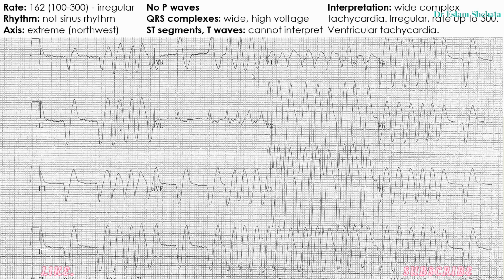Now, briefly I'll just mention that if you're faced with a deteriorating patient, someone who's arrested or is becoming quite hypotensive and compromised, if they've got a wide complex tachycardia, that's not the time to be trying to figure out is this SVT versus ventricular tachycardia.